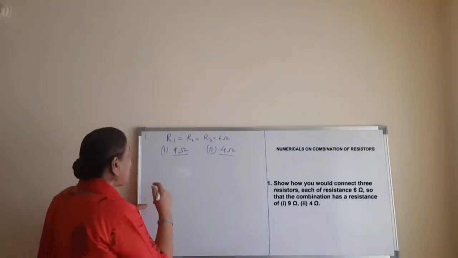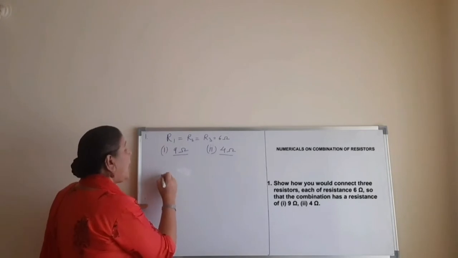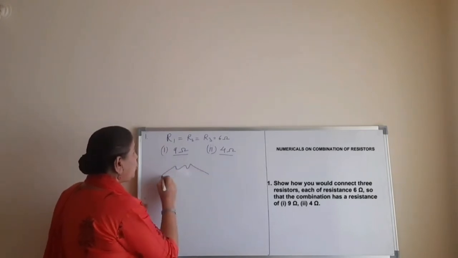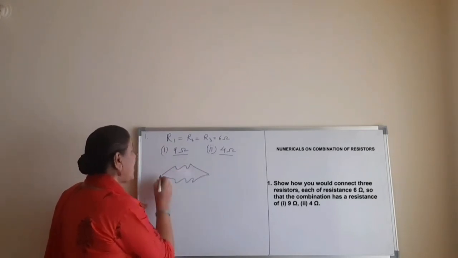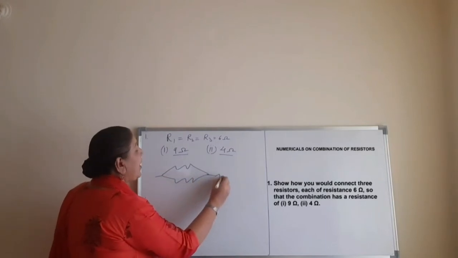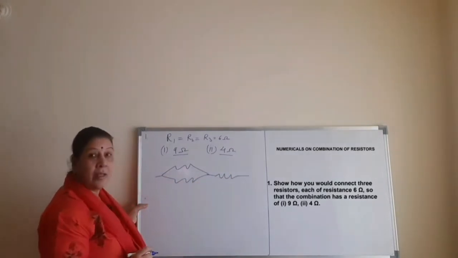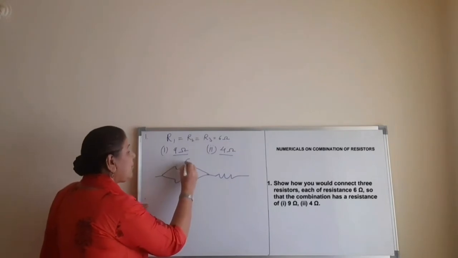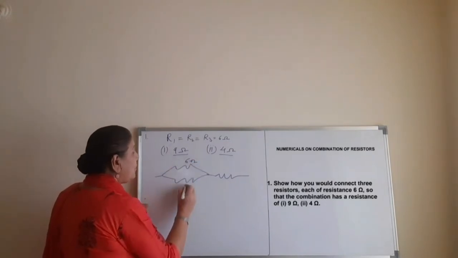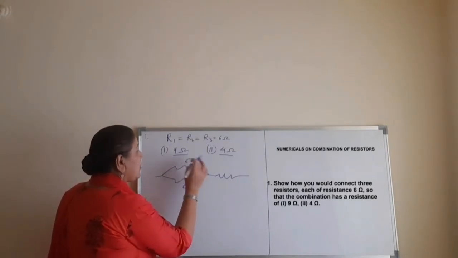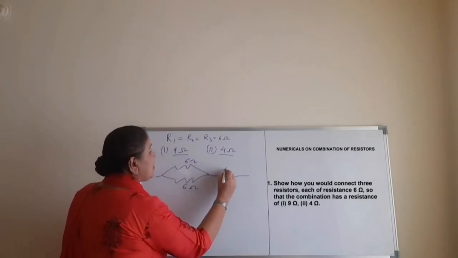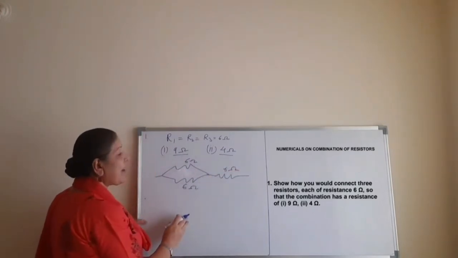Yes. So let's take the example where we have connected two resistors in parallel and one in series. Each is 6 ohms. So we'll see what will happen.